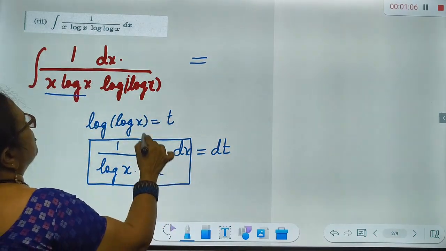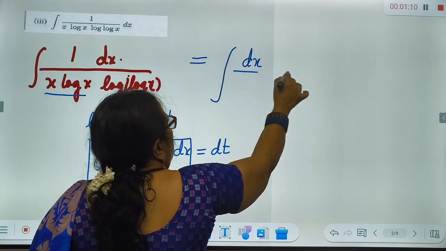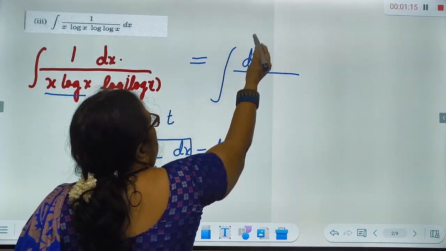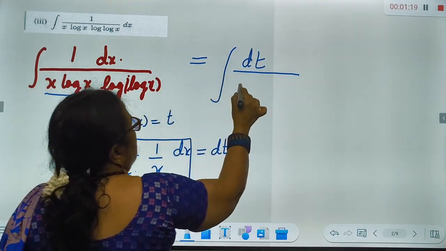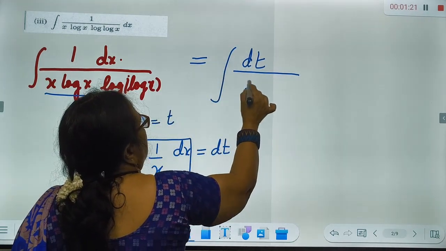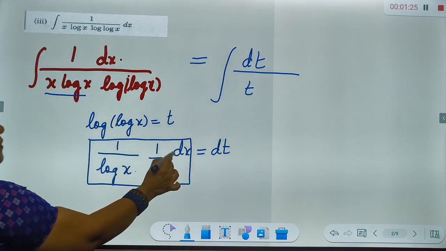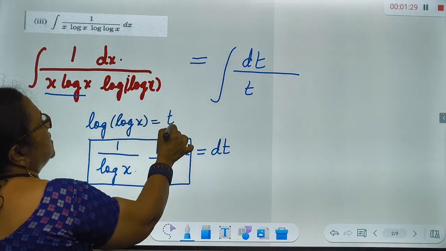When you make the substitution, it is integral of dx by x log x, and dx by x log x becomes dt and log of log x is t.